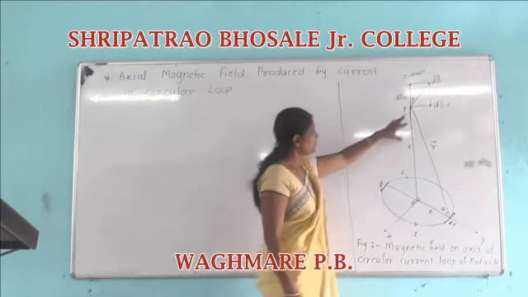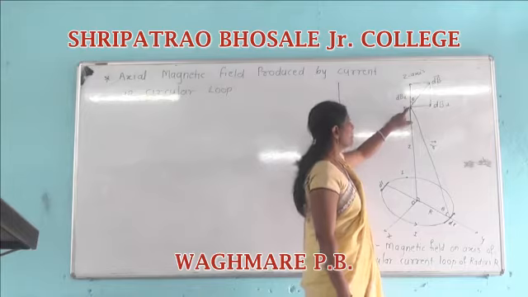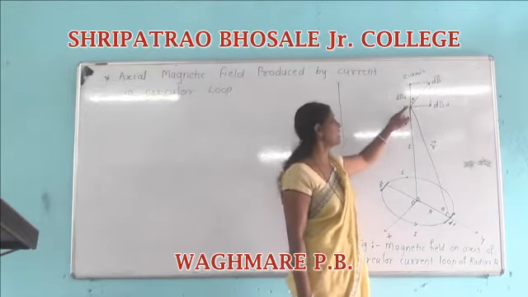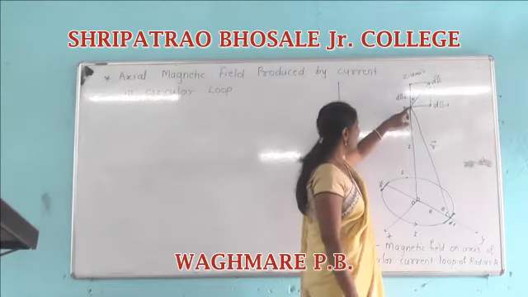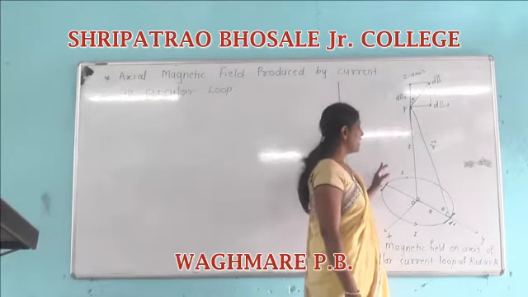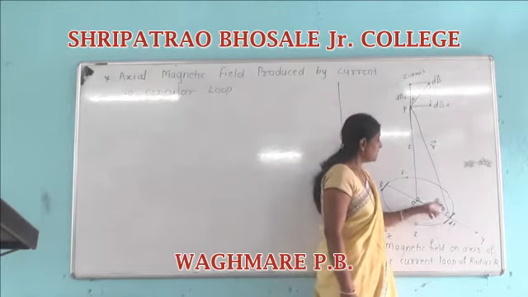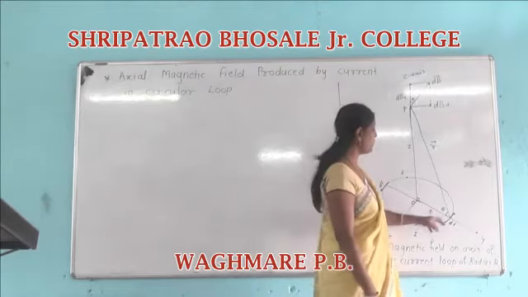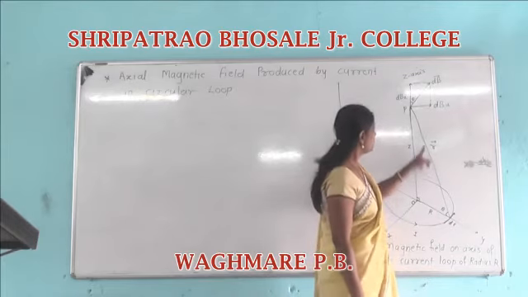Now, suppose magnetic field is produced at point P, we have to find the direction of the magnetic field. This direction must be perpendicular to the length element and the position vector.